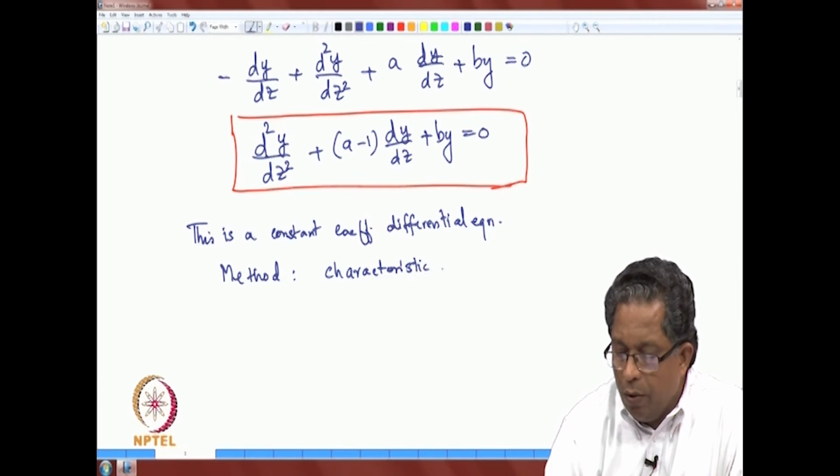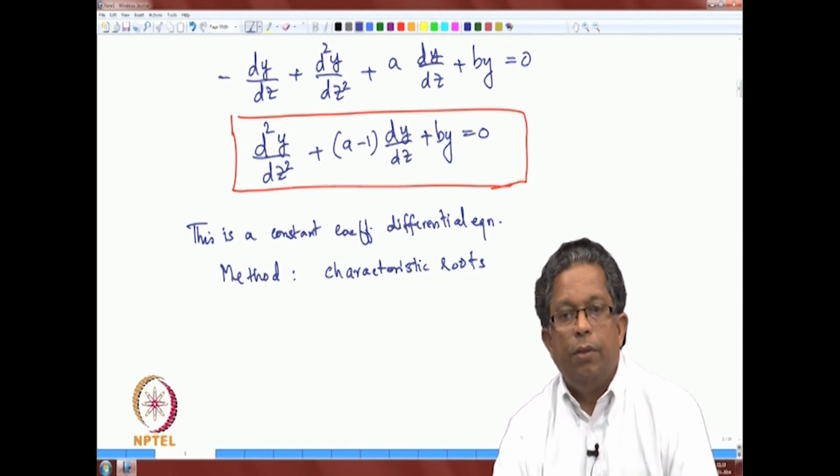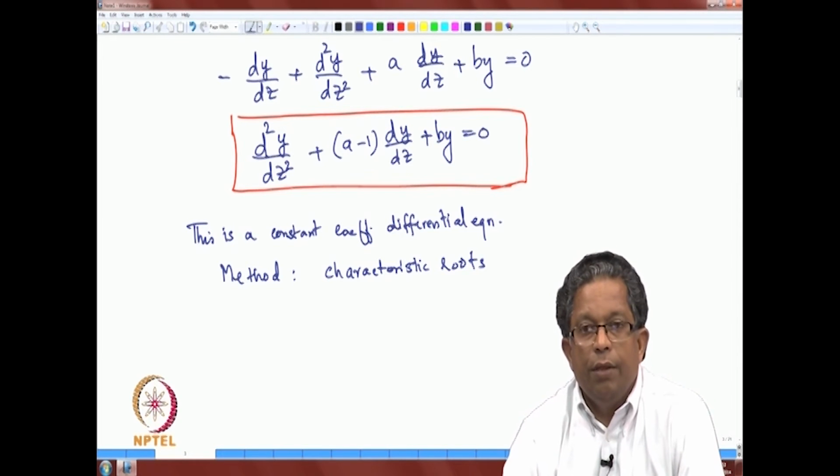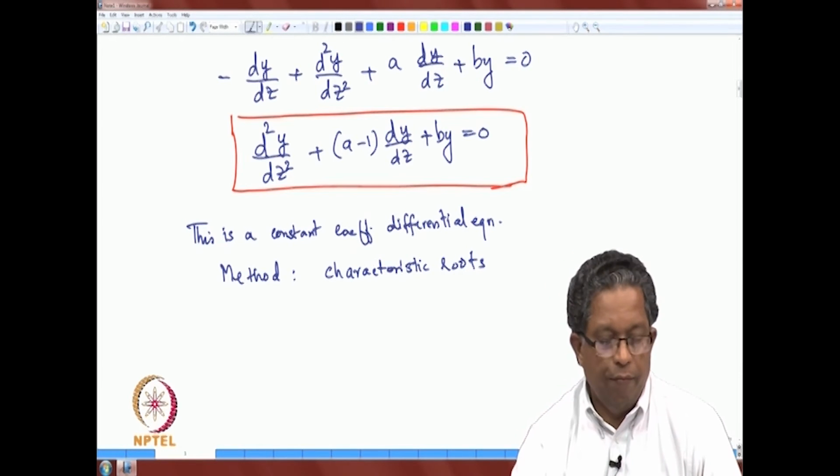characteristic roots. Find the characteristic roots, and there are three situations: the roots are real and distinct, the roots are real and equal, and the roots are complex. Which we have already seen.